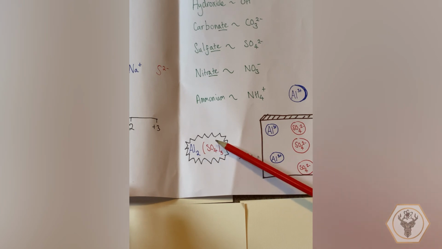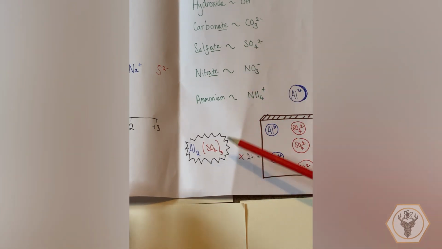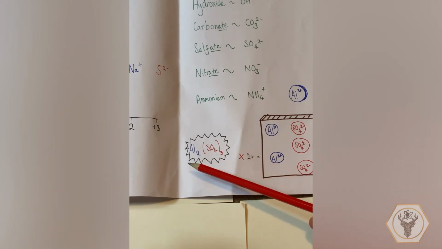So by putting a bracket around the SO4 polyatomic ion, I am conserving that. I'm keeping it together and saying that for every 2 aluminiums, there are 3 of the whole SO4 package. And then that is the correct formula for that compound. So hopefully that helps you guys to understand exactly how to balance ionic formulae for the future.